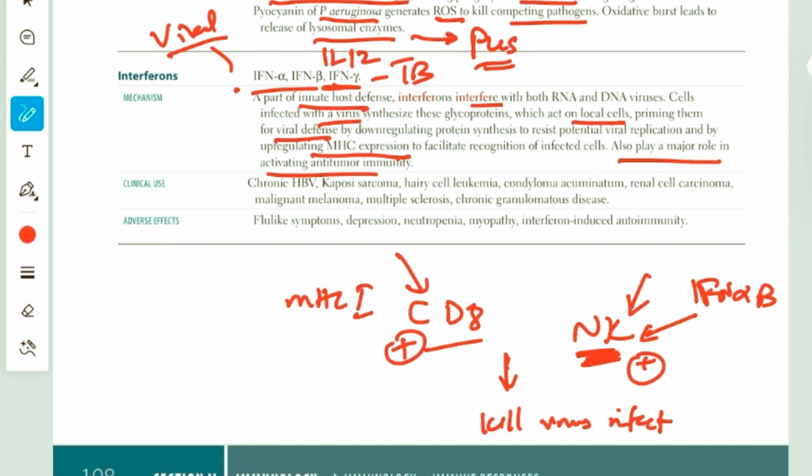So what are the clinical conditions where they use them? Viral hepatitis, particularly HBV, and Kaposi sarcoma, all these other conditions where you can use the interferons to treat. And these are the side effects: flu-like symptoms, depression, neutropenia, myopathy, interferon-induced autoimmunity, and so forth.